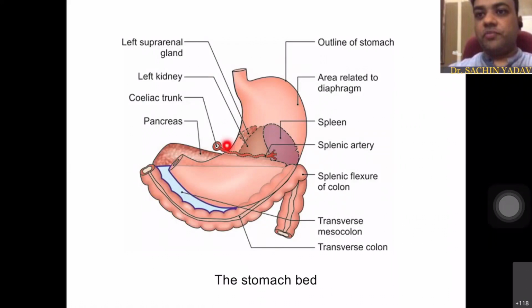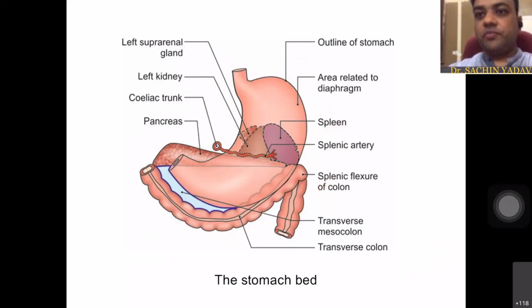This lesser omentum goes toward the liver, divided into the hepatogastric and hepatoduodenal ligaments, and the greater curvature gives attachment to the greater omentum.